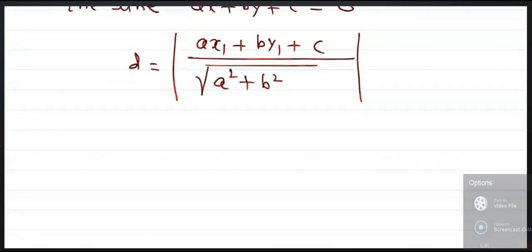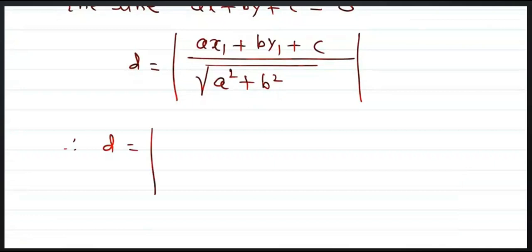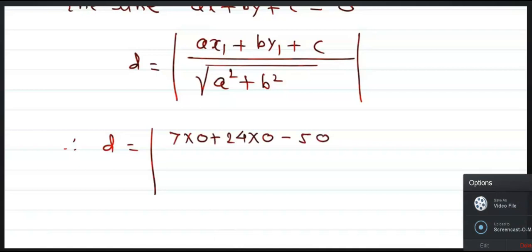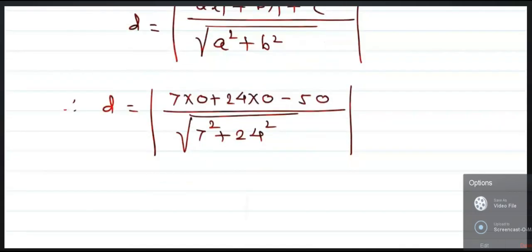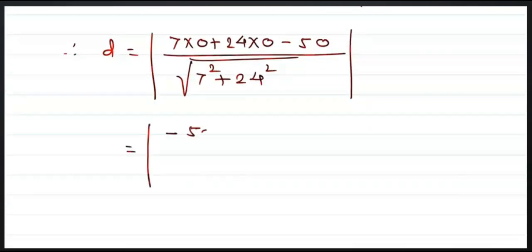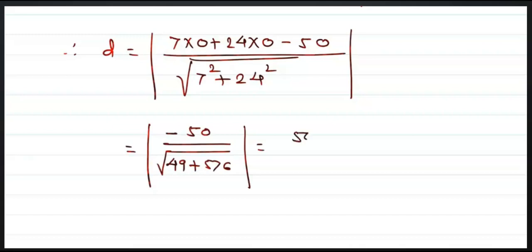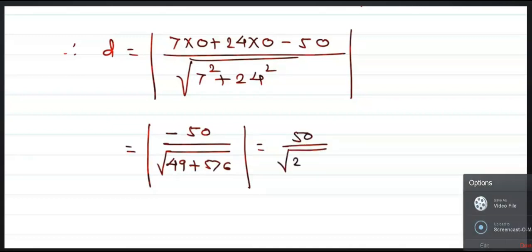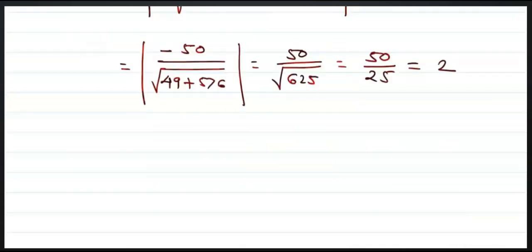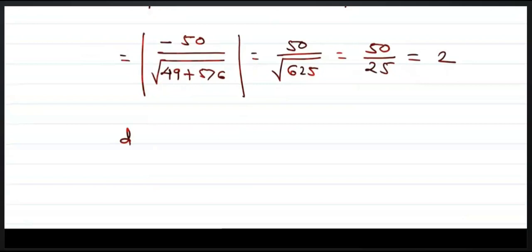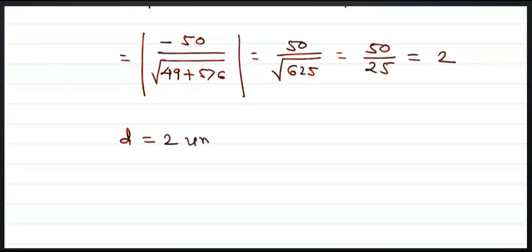So d is equal to 7 into 0 plus 24 into 0 minus 50 upon the square root of 7 square plus 24 square, that is 50 upon the square root of 49 plus 576, that is 50 upon root of 625, that is 50 upon 25, which is equal to 2. So d is equal to 2.